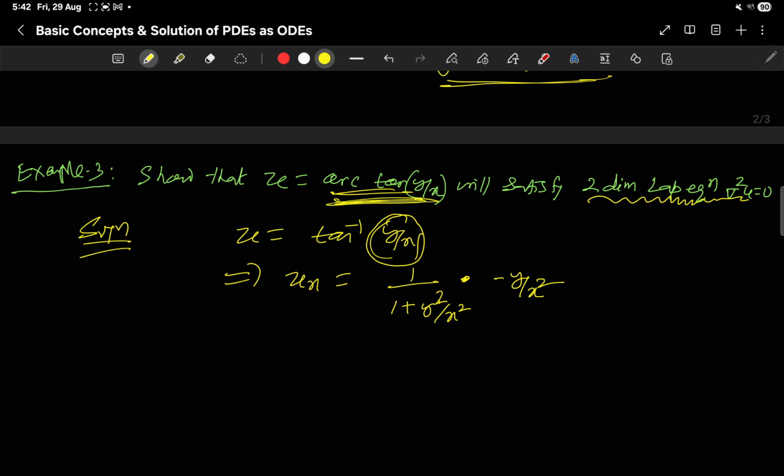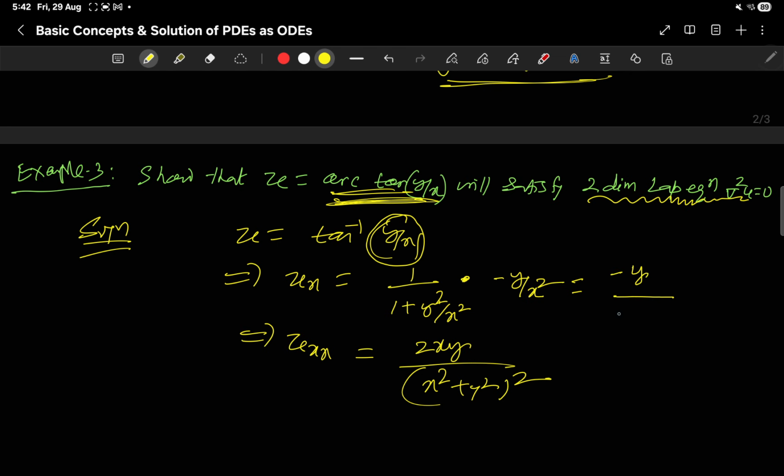Accordingly we will find uxx. If you simplify it, you will find 2xy divided by x square plus y square whole square. And ux, if you solve it, is minus y divided by x square plus y square.